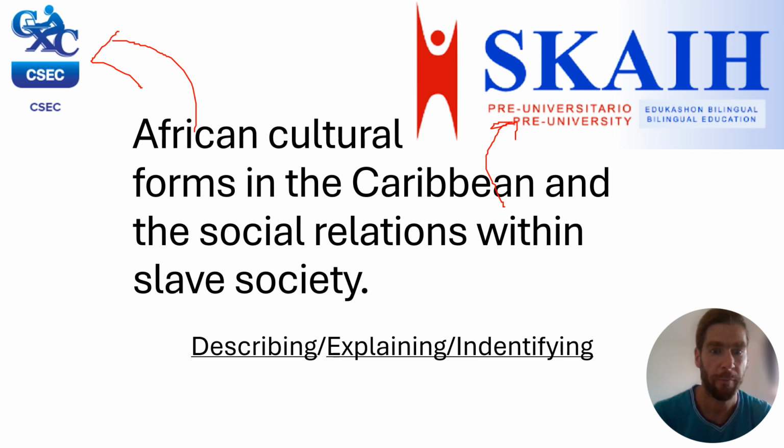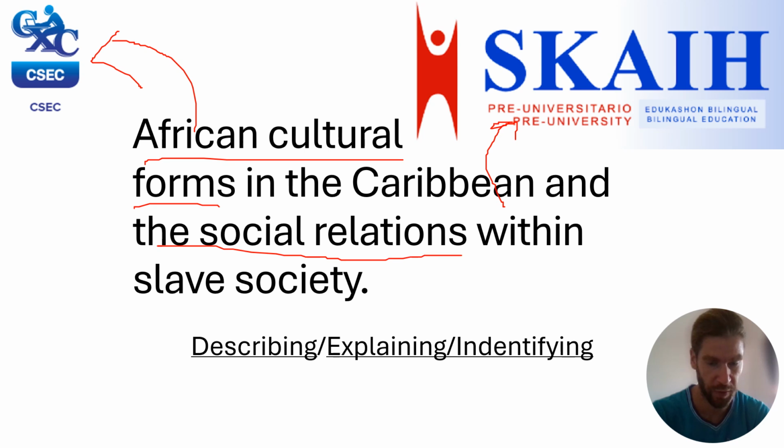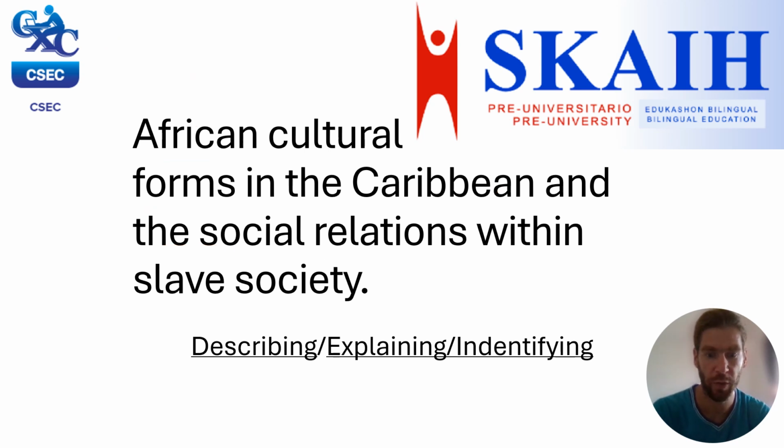Yes. Then, what we're talking about: African cultural forms and the social relations within slave society. So these are the topics we are talking about in this video. The verbs we are using in our objectives are describing, explaining, and identifying.